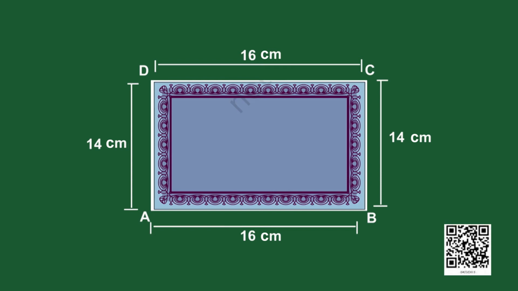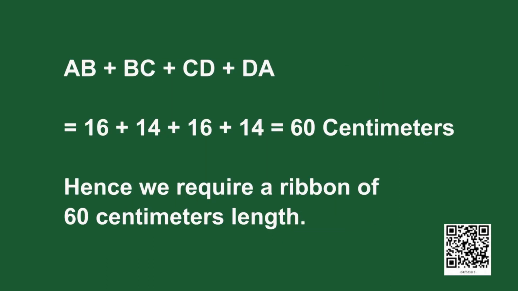So, what is the total length of the boundary? It is AB plus BC plus CD plus AD, which is equal to 16 plus 14 plus 16 plus 14, which is equal to 60 centimeters. Hence, we require a ribbon of 60 centimeters length.